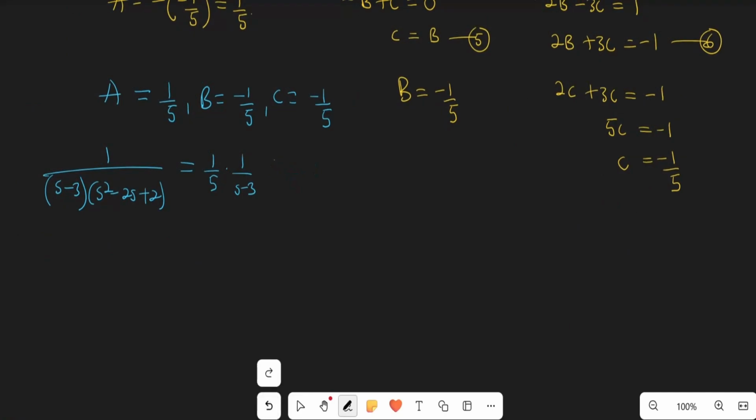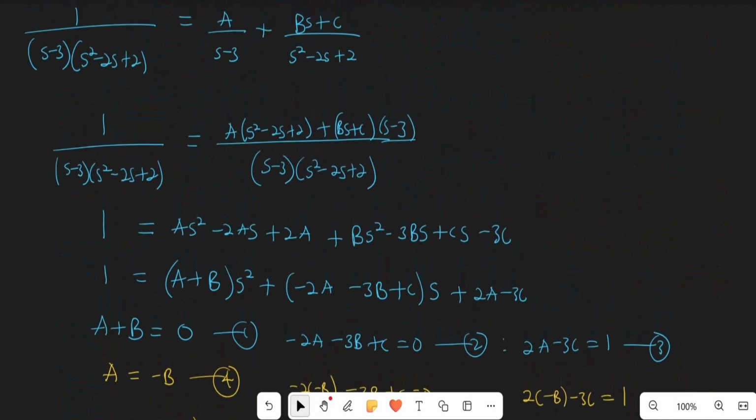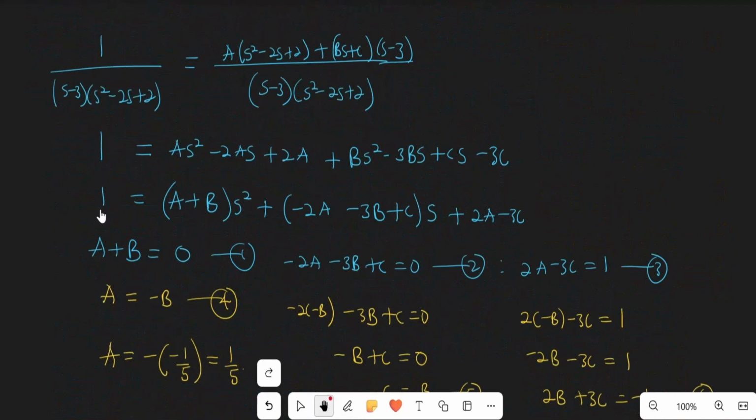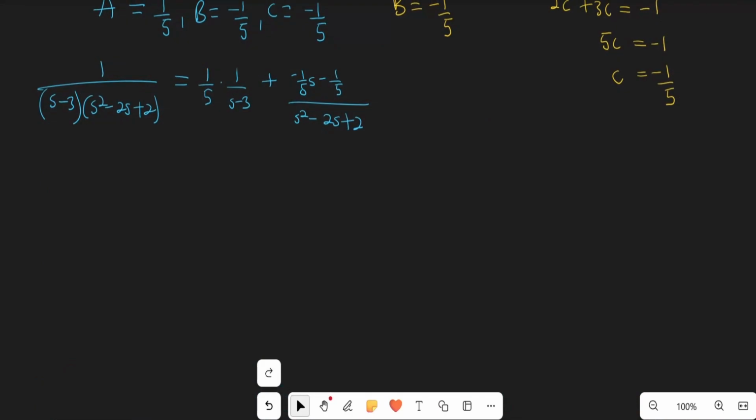It's going to be plus bs, and b is negative 1 over 5 s, plus c, and c is negative 1 over 5. And this one is going to be divided by the quadratic term, which is s squared minus 2s plus 2. This is what we have from our partial fraction here.